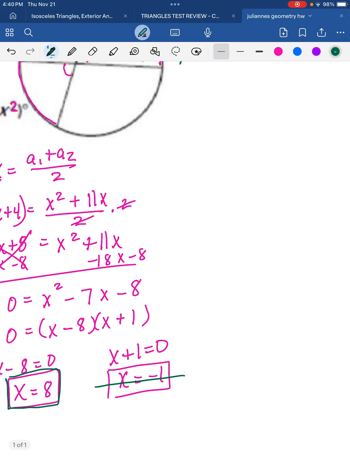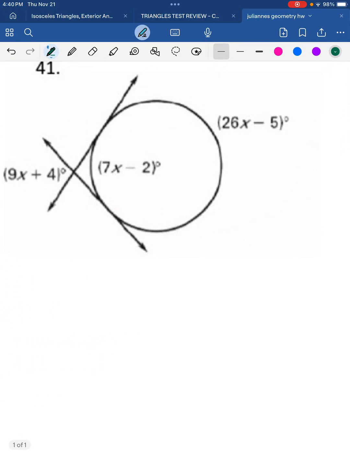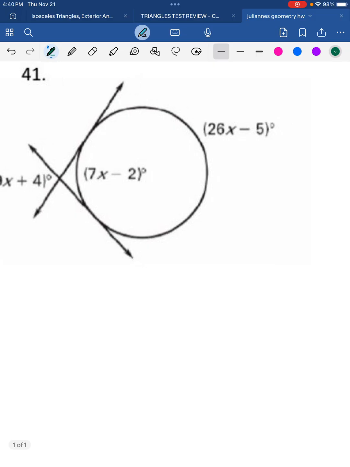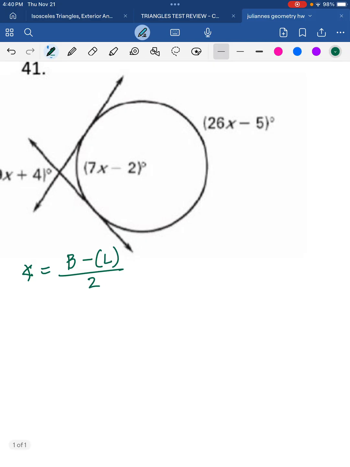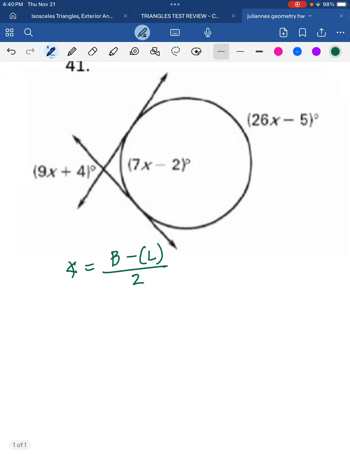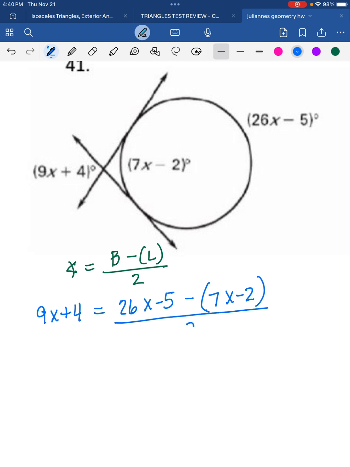And then this one here, I always remember the measure of the angle is the big arc minus the little arc divided by 2. So again, I'm just going to plug everything in. The angle is 9x plus 4 equals the big arc, 26x minus 5, minus the little arc, 7x minus 2, divided by 2.